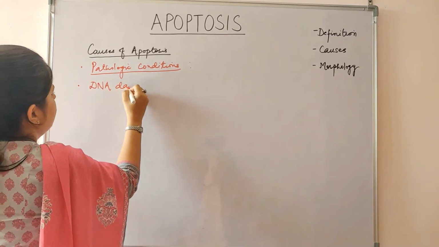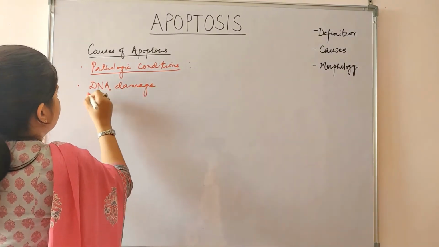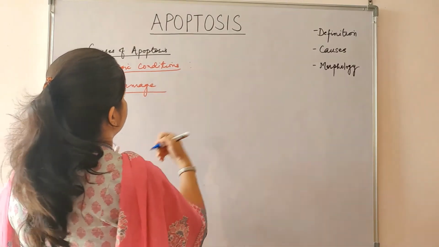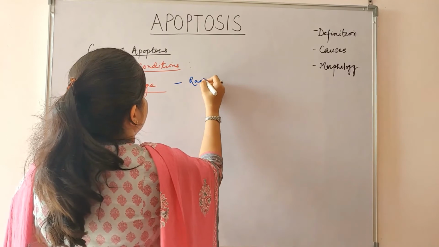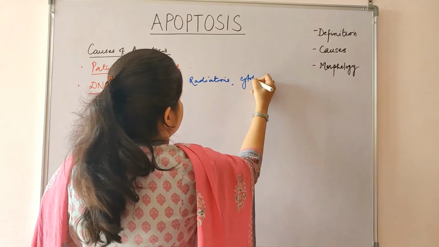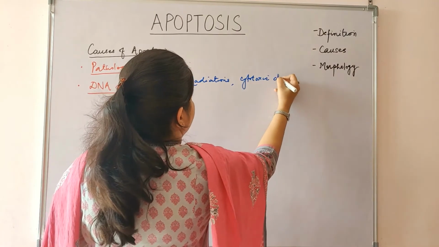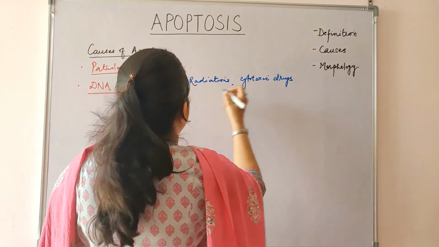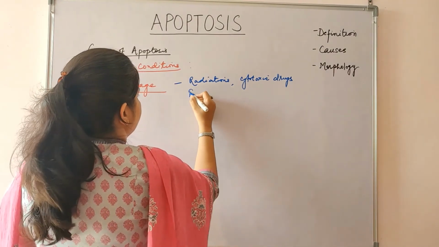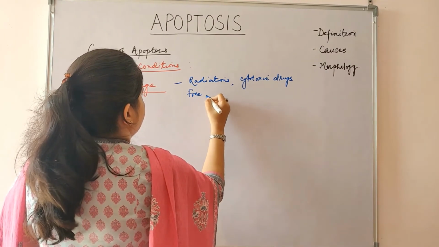When there is DNA damage. DNA damage can occur due to radiations and cytotoxic drugs. They can directly damage the DNA, or it can be damaged due to production of free radicals.